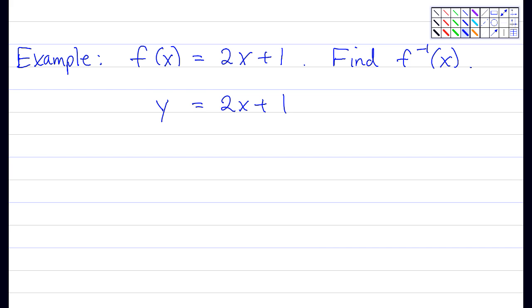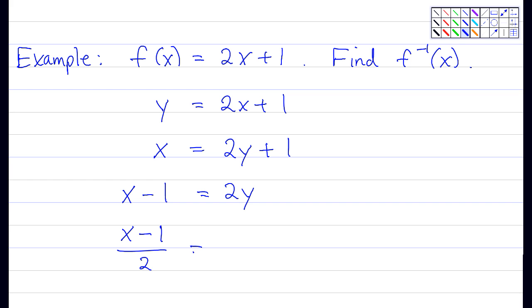Step number 2, switch the x and the y. Step number 3, solve the equation that you get for y. So I'm going to subtract 1 from both sides. And then finally, I'm going to divide both sides by 2.